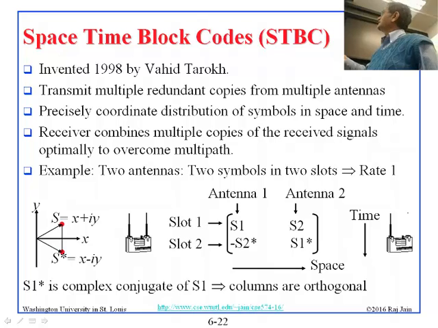Now when the receiver gets this, it can fix several problems. It has received S1 and S2 and then minus S2 star and S1 star. It can do some mathematics and figure out what is wrong, what is right, where the errors are, where the corrections are. So we have made better use of time and space by sending conjugates.